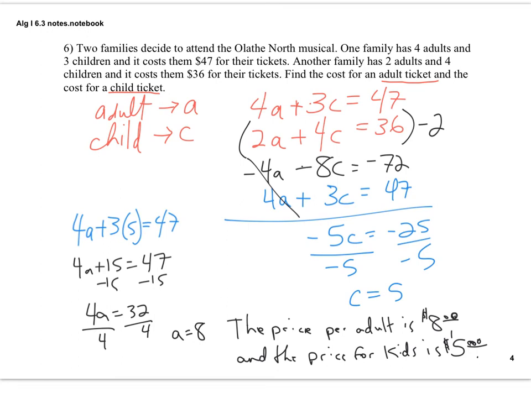You just couldn't see my pen moving. Actually, I was running short on time for my video, so I went ahead and paused it to do the rest of my math. There it is. I figured out that the price of an adult ticket is $8 because I took my price of a child's ticket and I plugged it in right there for C. That's how I did it.